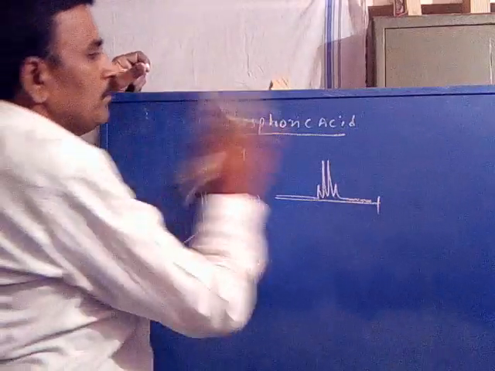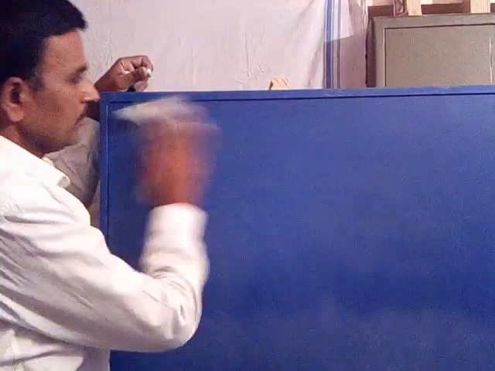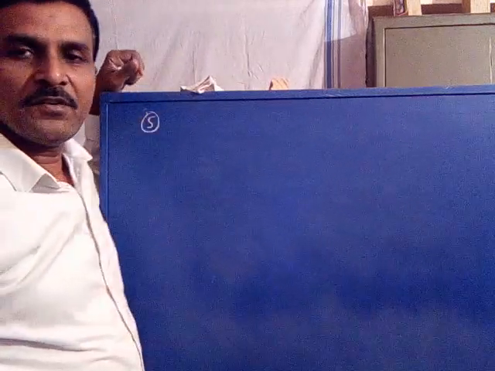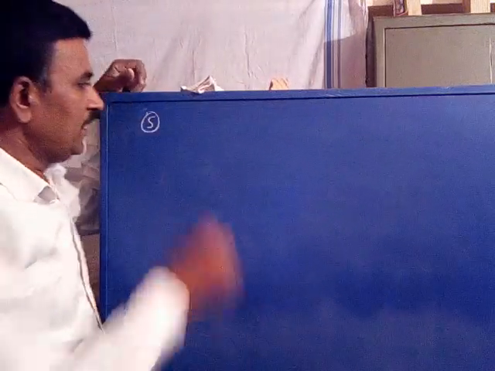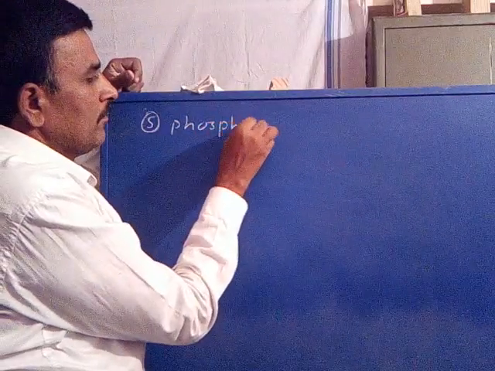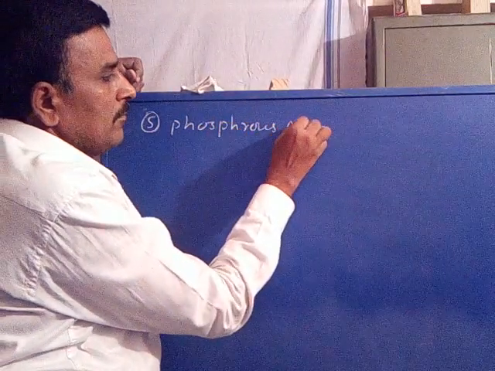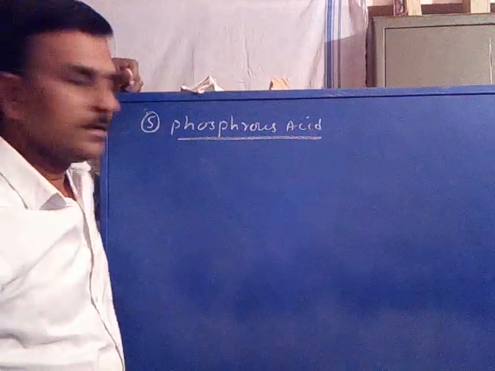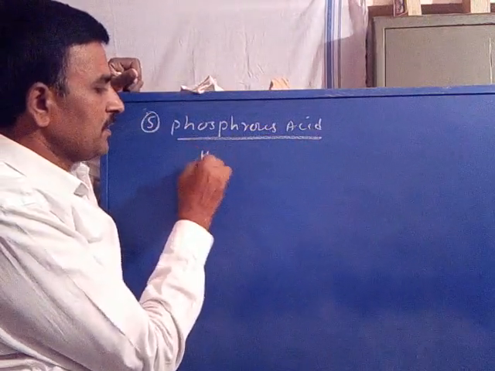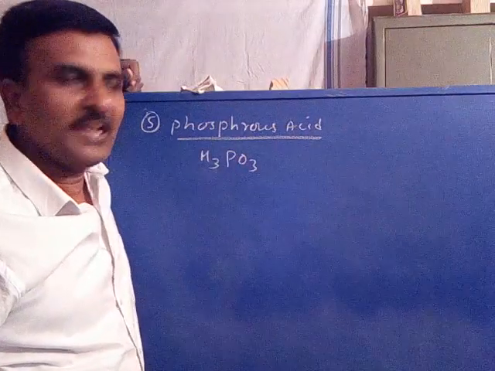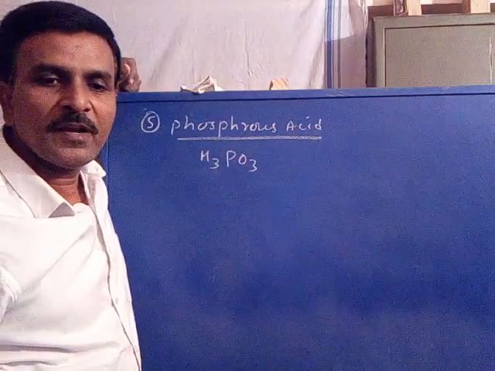Now, next example, phosphorus acid. Its formula is H3PO3, similar to orthophosphoric acid.